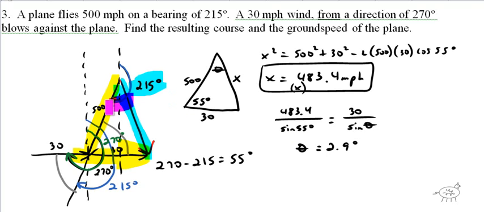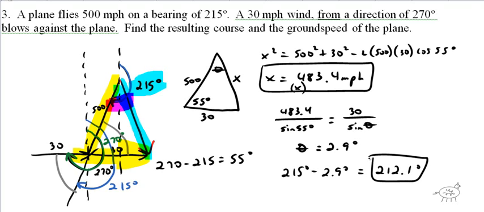Lots of colors. Okay? And so that's what we're going to do. We're going to say 215 degrees minus 2.9 degrees, and my new angle is 212.1 degrees. That's my new bearing. Okay? Really not bad. Just gotta, I think extending that line really is a helpful thing there.